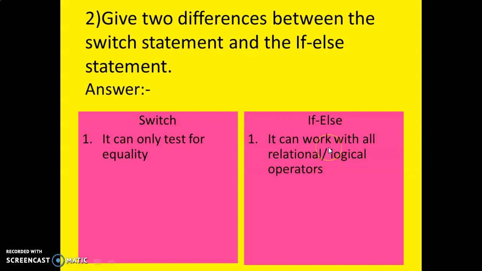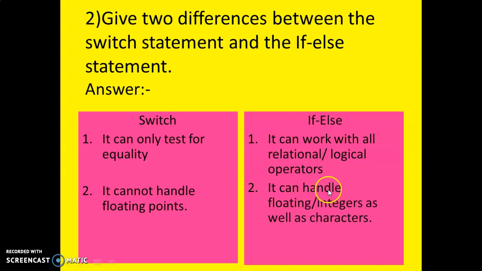Then the second point is that switch cannot handle floating points. That means you don't write case 3.4 or case 4.2, you have to write case 3 or case 4 like this. Floating points it cannot handle, but if else can handle floating or integer as well as characters.